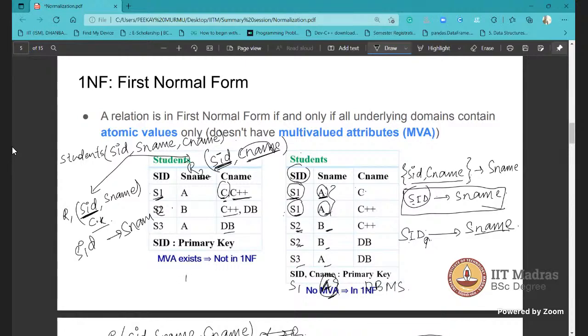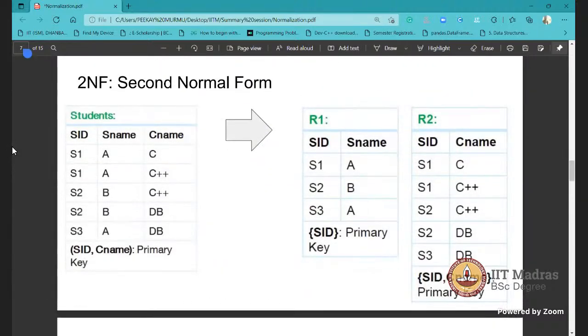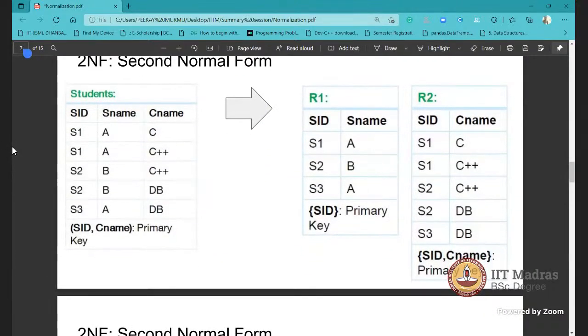Okay. So we decompose, and where SID and CNAME is the primary key, it's R2. This is the primary key for R1.